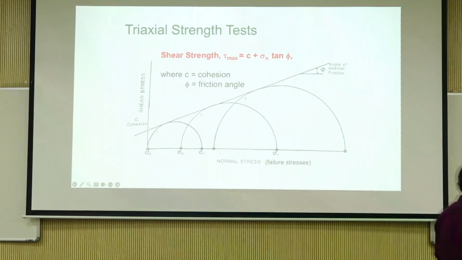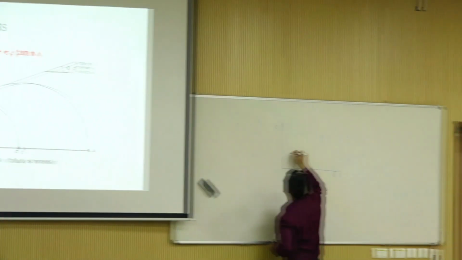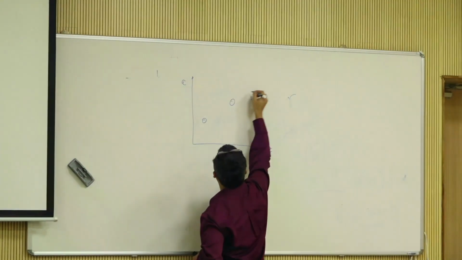So it's very straightforward. But why I am trying to ask you that is because in direct shear strength tests, you have sigma and you have tau, and you get the points directly, right? You know that.